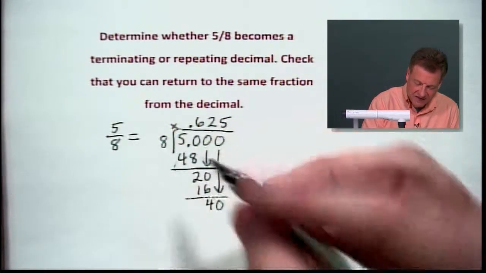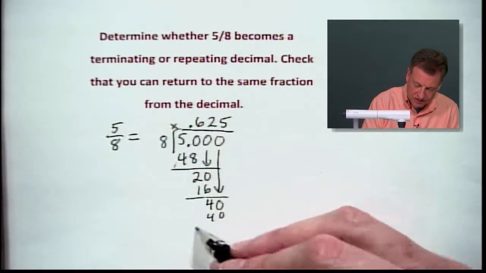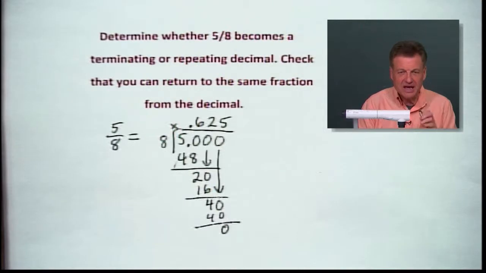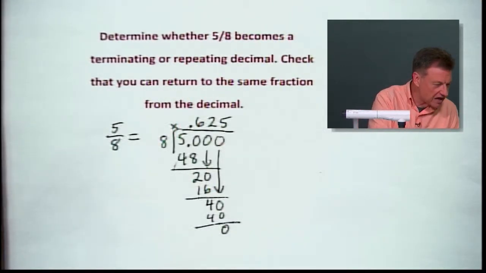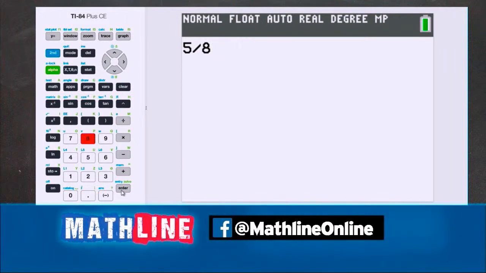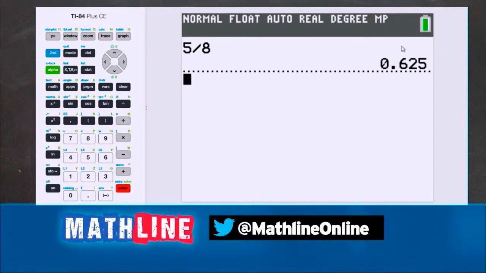There comes the 5. 5 times 8 gives us 40. Nothing left over. And again, if we'd gone to the calculator, as we did earlier, when we changed to compare the decimal values of 5/8 and 3/4, there we have it, all right? 625 thousandths.